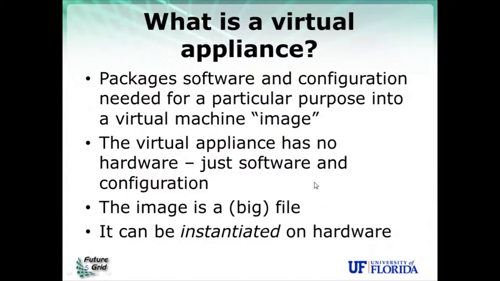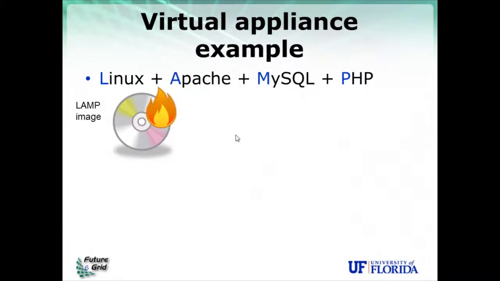So the virtual appliance itself has no hardware. It's software and configuration. You put it in a file, which is typically a large file with often hundreds of megabytes or even gigabytes in size, and you copy that on the resources that are instantiating them. They instantiate these virtual machines so they can run and perform their task.